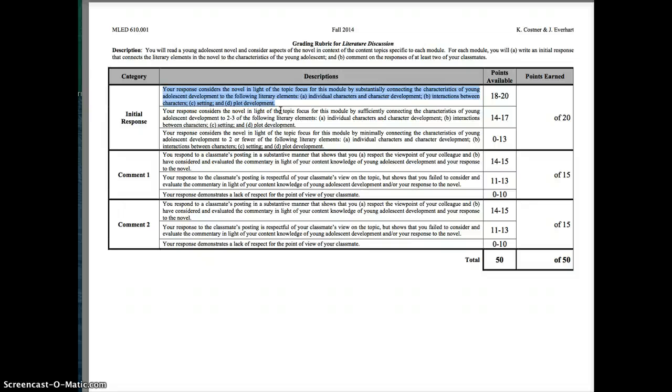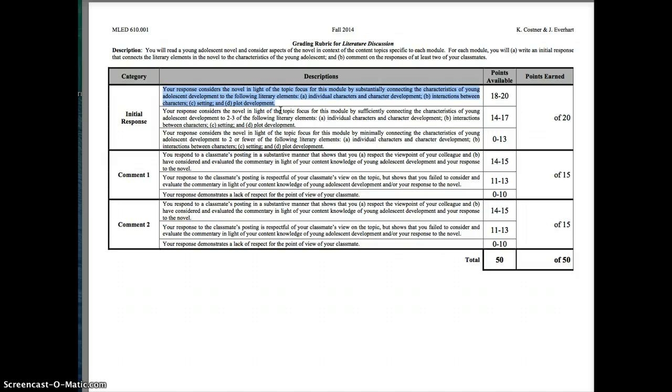You'll be looking at individual characters and the character development of those characters over the course of the novel. Secondly, the interactions between characters, so the relationships that the characters have with other characters in the novel, as well as the setting and the plot development. So you want to look at those four in your initial response.